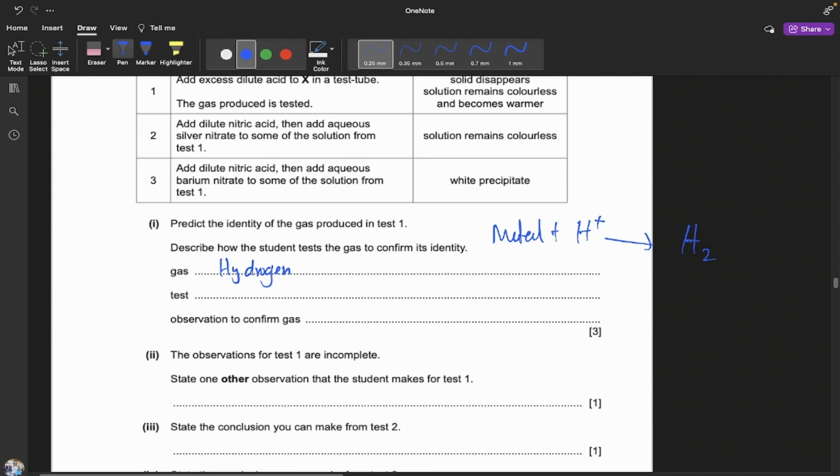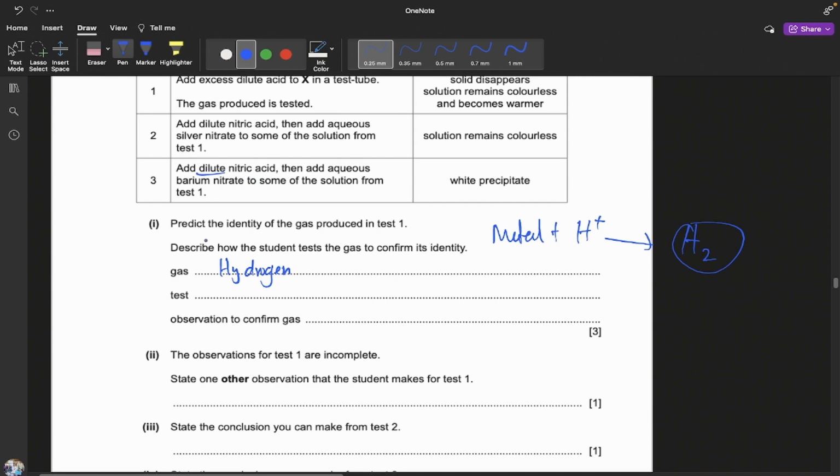In the syllabus, mostly it's hydrogen. It's very rare they're talking about NO2 or CO2. Those possibilities come when it is something related to carbonates or concentrated nitric acid. Here it's dilute nitric acid, so there is no possibility of a gas component of nitrogen.